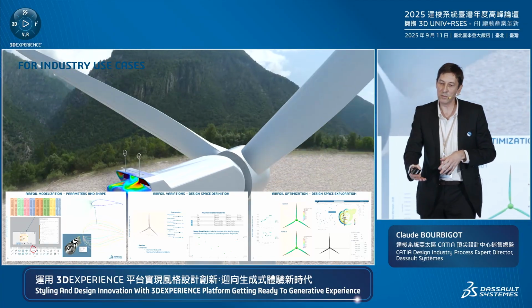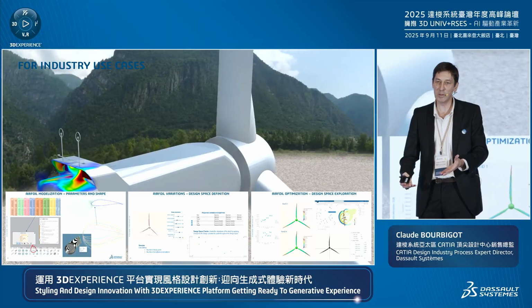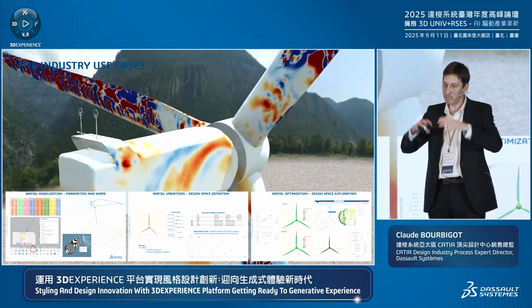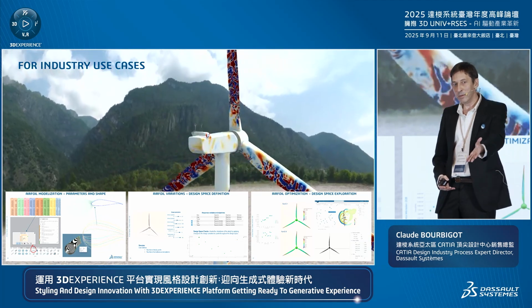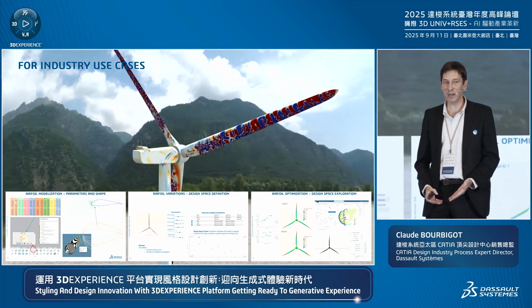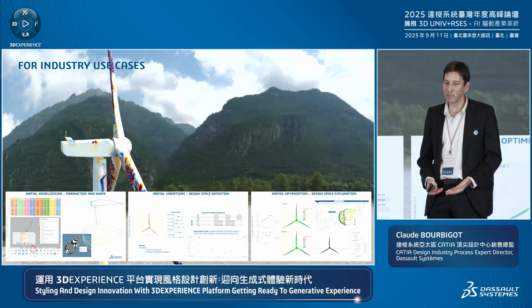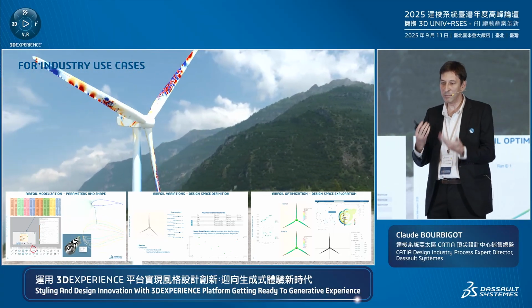What we have to give now to the simulation expert is a field, an exploration parametric field. It's not one model, it's 1,000, 10,000, 100,000 possibilities. But of course, it's not up to you to explore it.